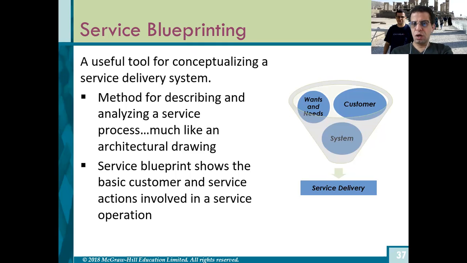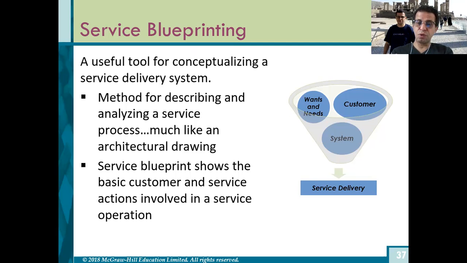There is a job where somebody is involved in doing the blueprint, which is called service blueprinting. It's a useful tool for conceptualizing a service delivery system. There are wants and needs, there are customers, and there is a system, and how we can deliver that.